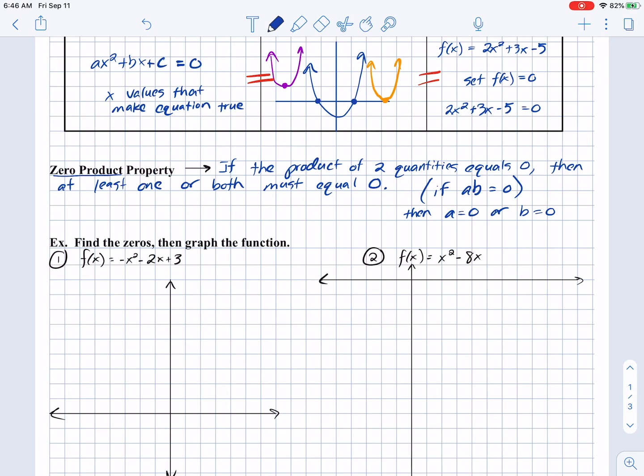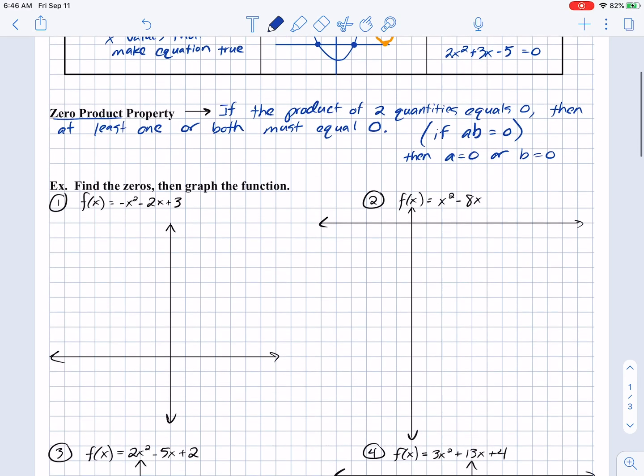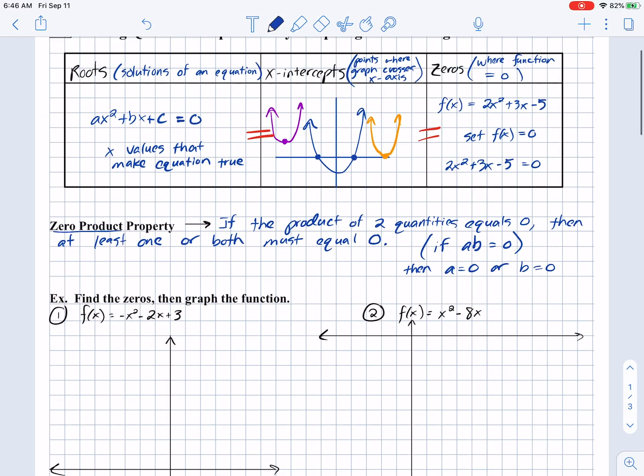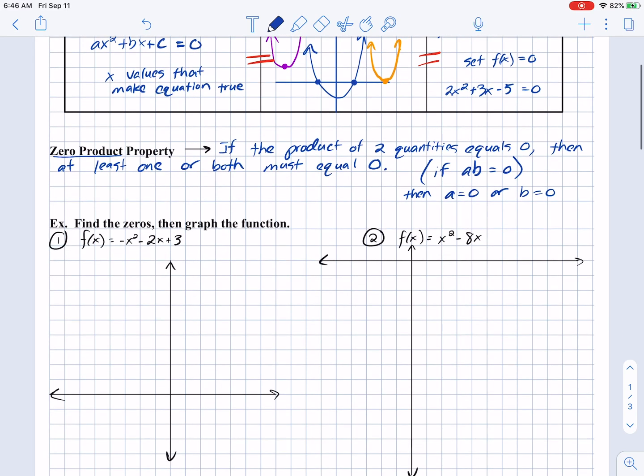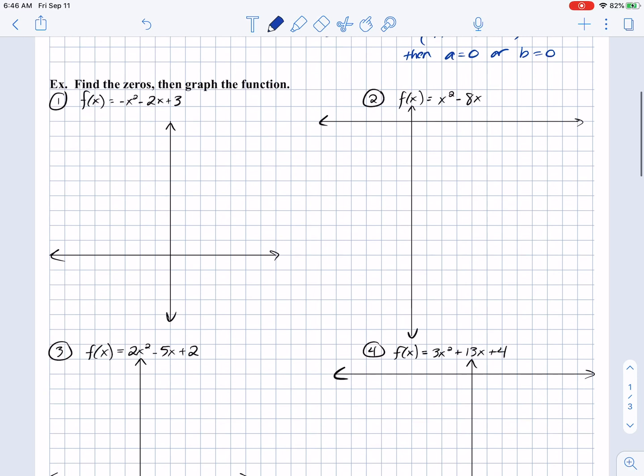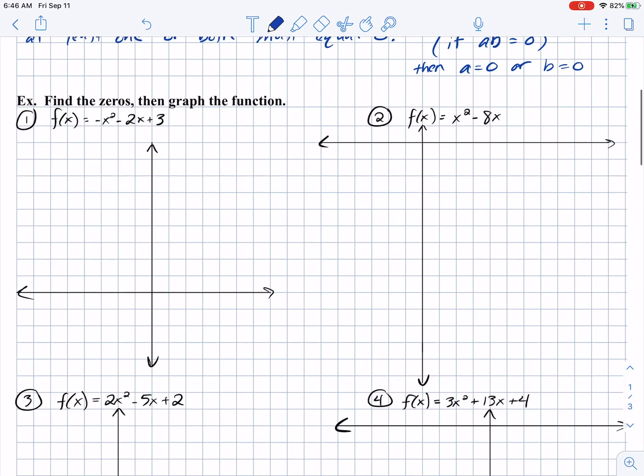So when you factor all the way down, we're going to take our products and set them equal to 0, and that's how we're going to solve for our zeros, our x-intercepts, our roots. Let's go practice some examples here, finding the zeros or x-intercepts of these quadratic functions, and then we'll go ahead and graph too, okay?